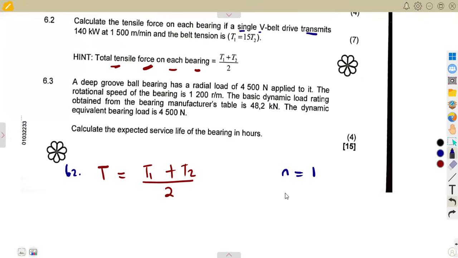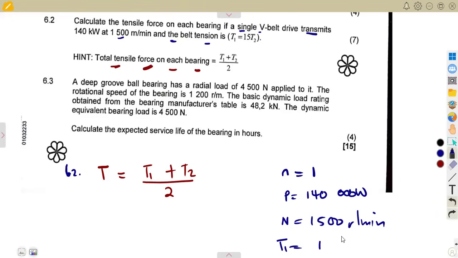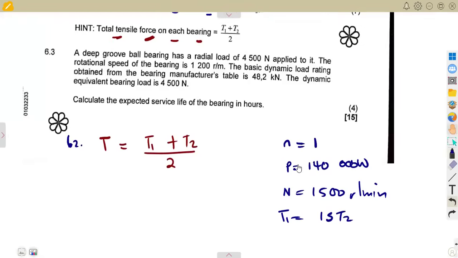The power transmitted is 140 kilowatts, which is 140,000 watts, at a speed of 1,500 revolutions per minute. And for the belt tension, we've got a relationship between T1 and T2: T1 is equal to 15 T2. So if I can calculate T2, I can calculate T1.